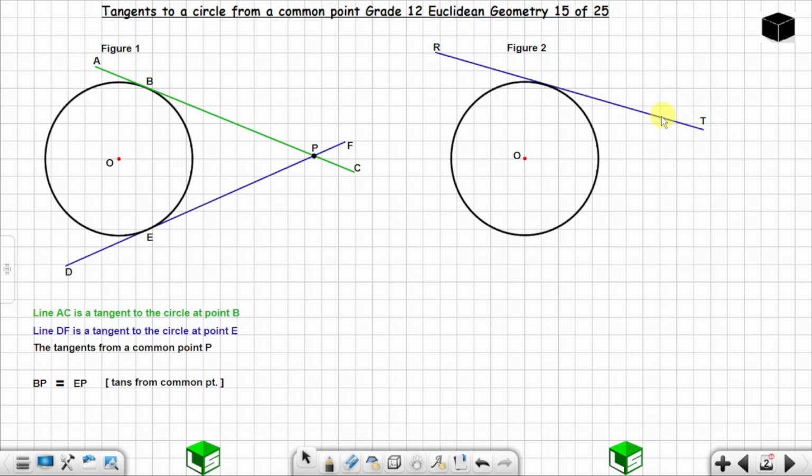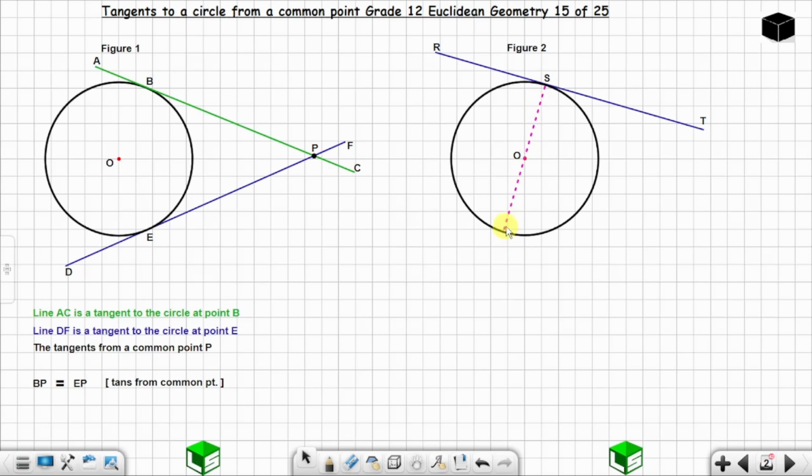This tangent is touching this circle at the point S. So if you draw a radius or a diameter from the point of contact, the point of contact is S, this is what you have to know.